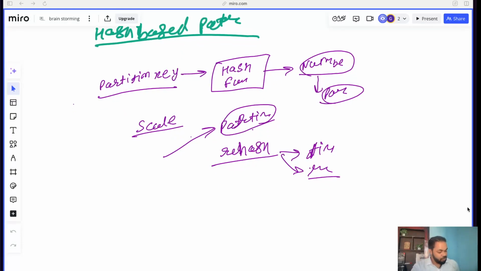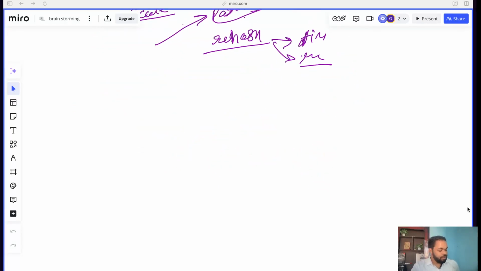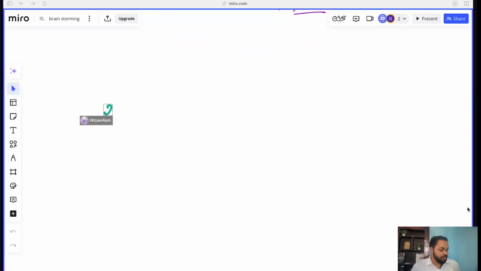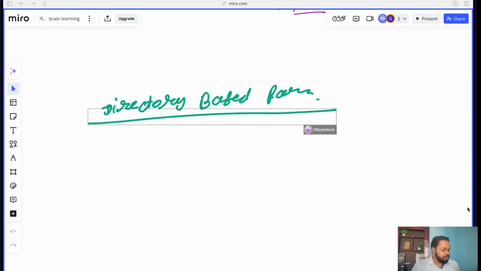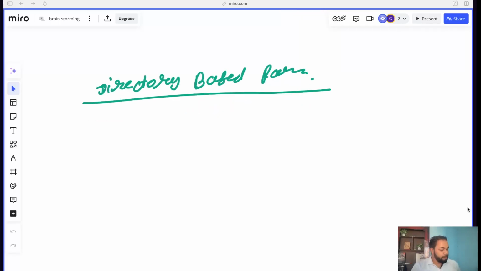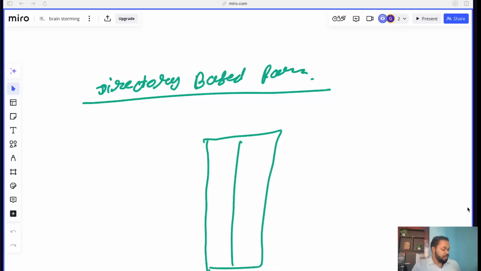Then we have one more partitioning technique that is called directory-based partitioning. In directory-based partitioning, we maintain a directory which has the partition key value, and that is mapped to the partition number.